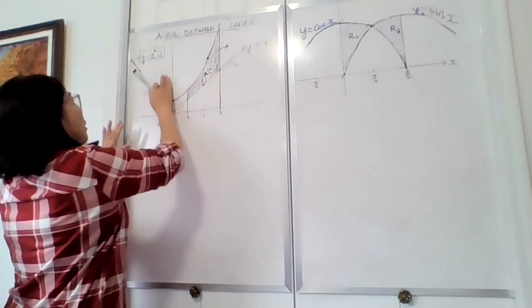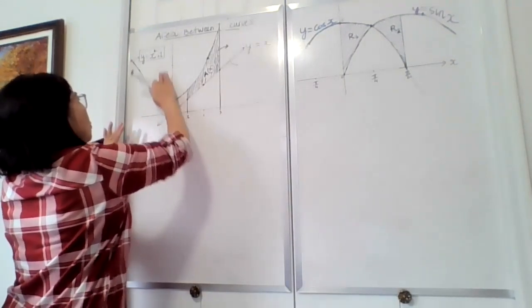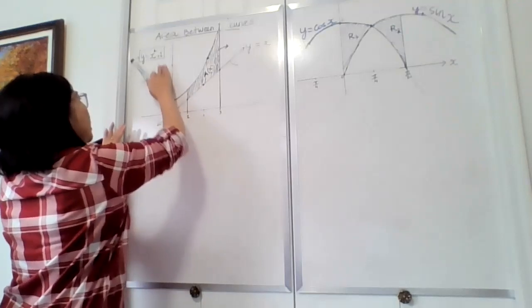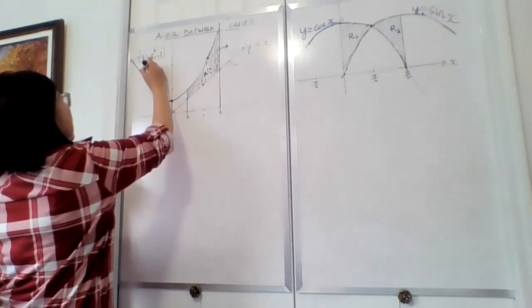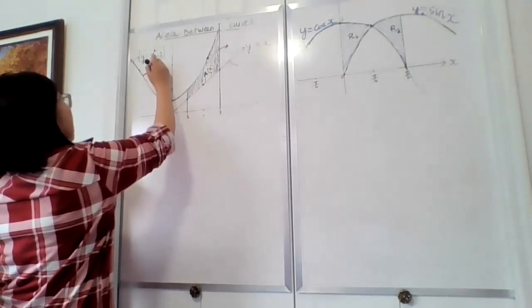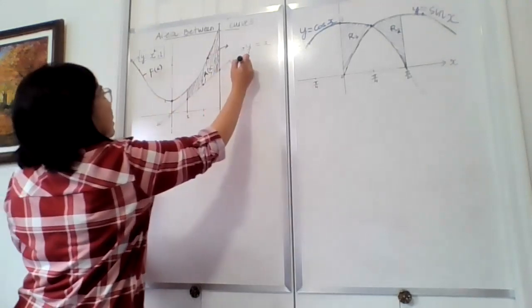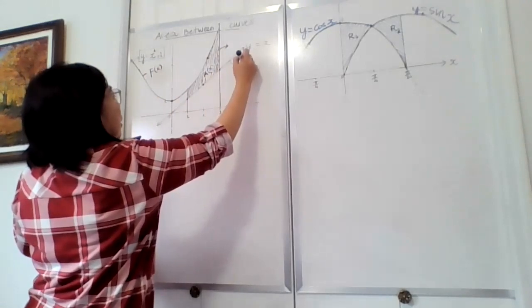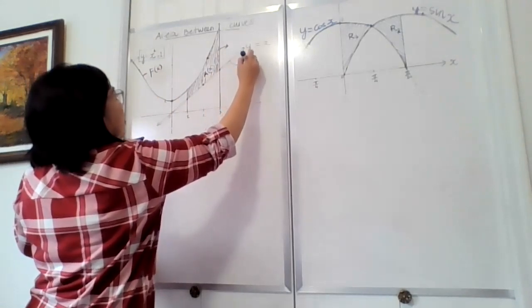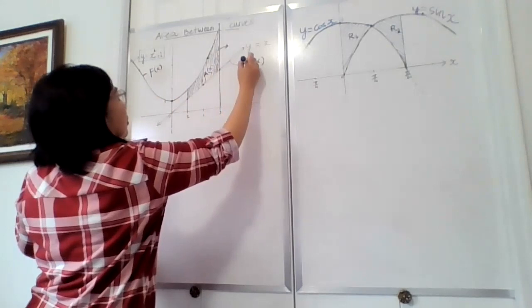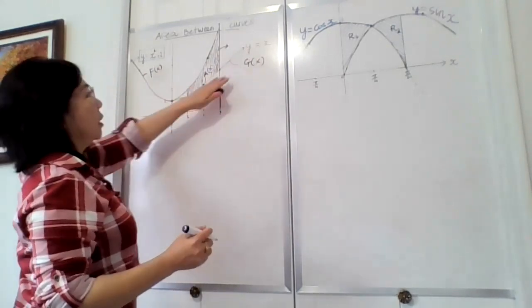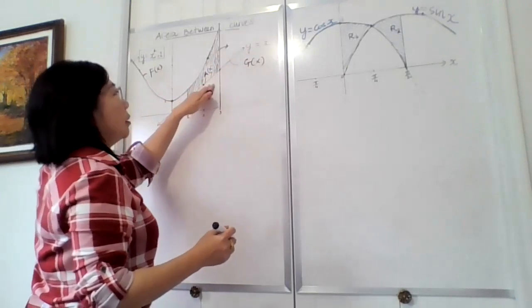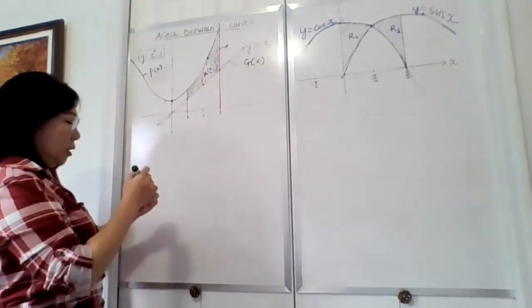Now, for convenience in naming, I'm going to call the first function f of x, and the second function g of x. So f of x is a quadratic function, and g of x is the linear function.